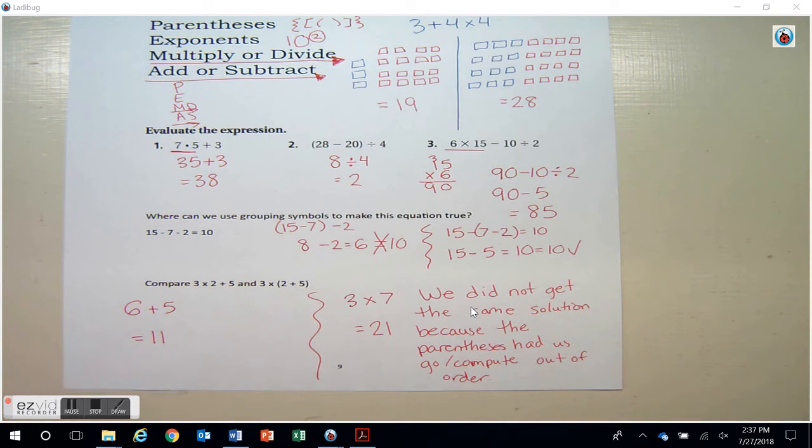I think that's a good enough explanation for that. Let's continue on to the next page.